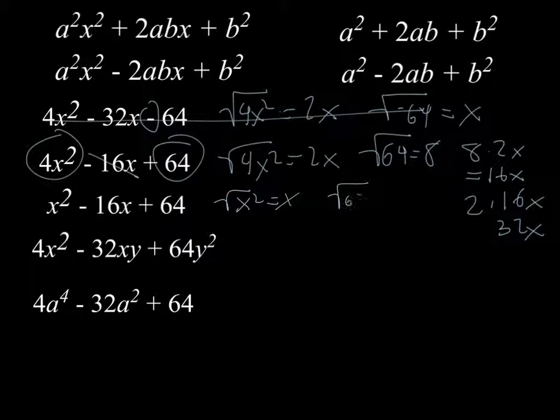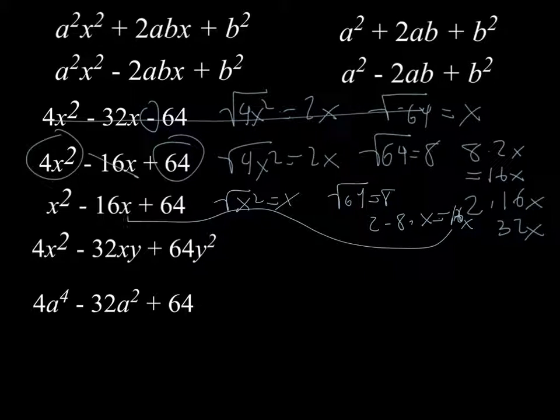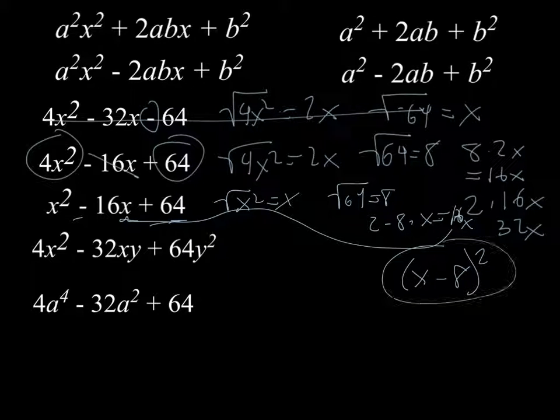The square root of 64 is 8. 2 times 8 times x does give me the middle number of 16x, which is what we have here. So this one can be factored in this manner with a special case form. So it's going to end up being an x, the square root of the first term, minus the square root of the second term, 8, squared. So this is the answer for this one.